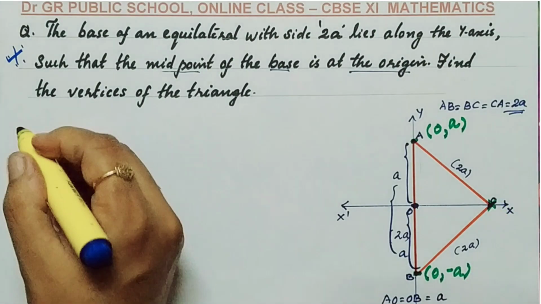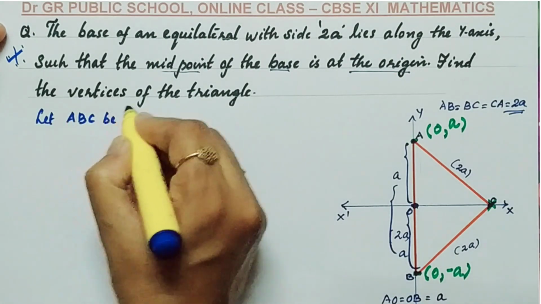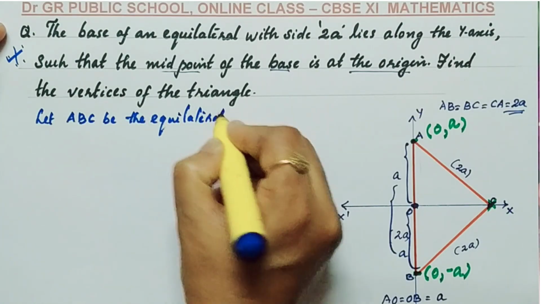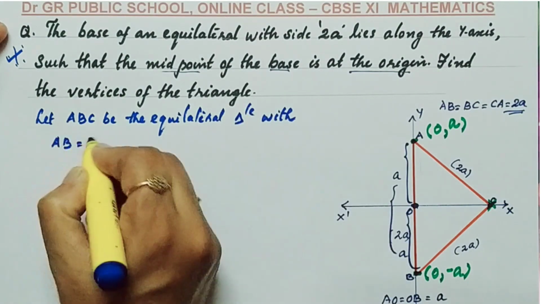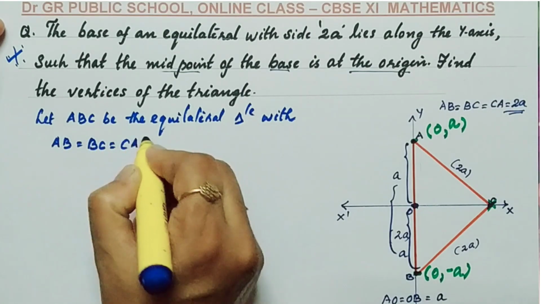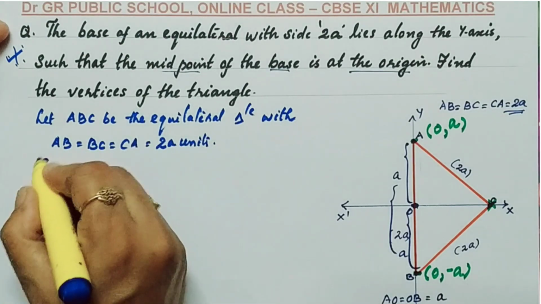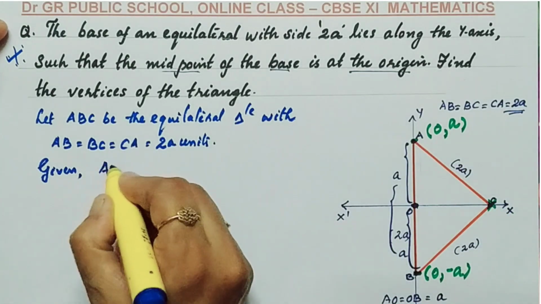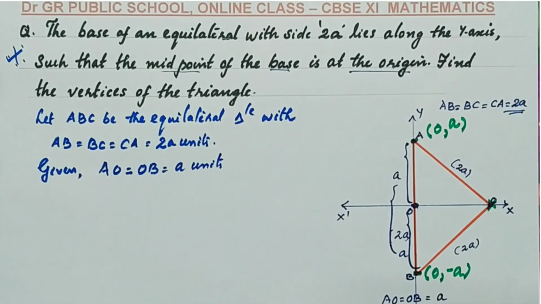Let us start. Let ABC be the equilateral triangle with side 2A. That is, what are the sides? AB equal to BC equal to CA. All are equal to 2A units. By the given condition, you can say that AO equal to OB. Both are equal to A units. Why? Because O is the midpoint of AB.